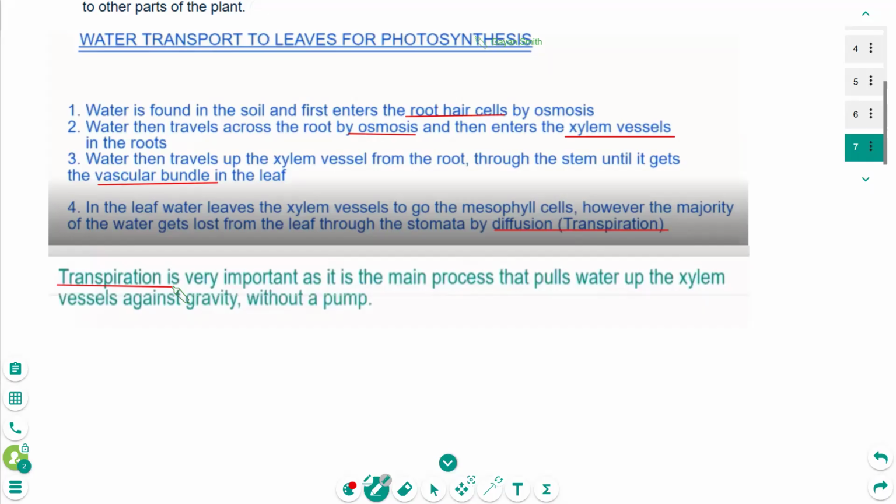When you're finished writing this, I'm going to show you a clip of the xylem vessel first, a video of it, and then we make a note of it.